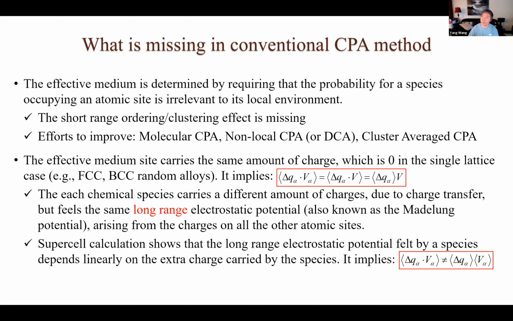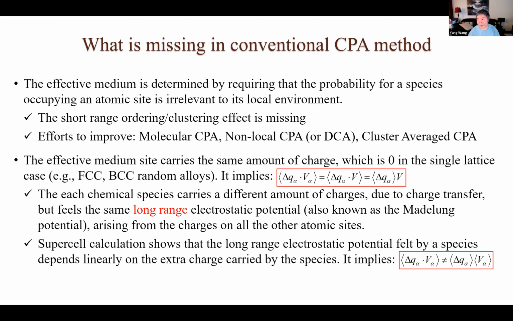That is, the more charge I have on a given atom, the more Coulomb potential I feel. So each atom is just acting like a capacitor: the more potential applied on me, the more charge I get.